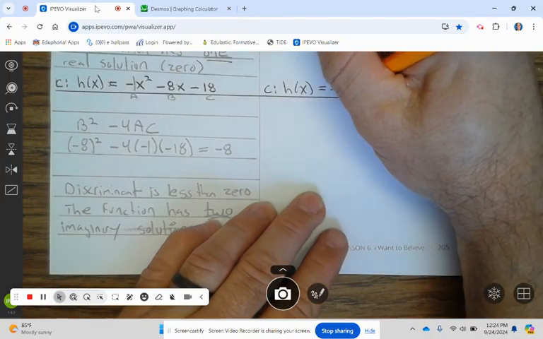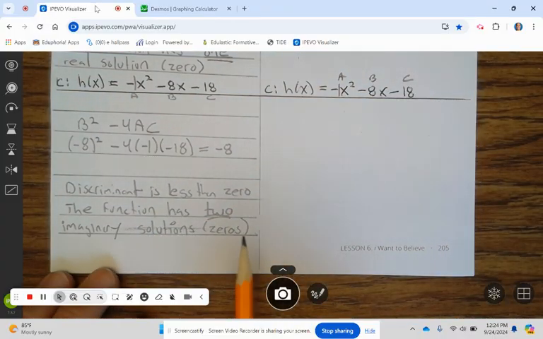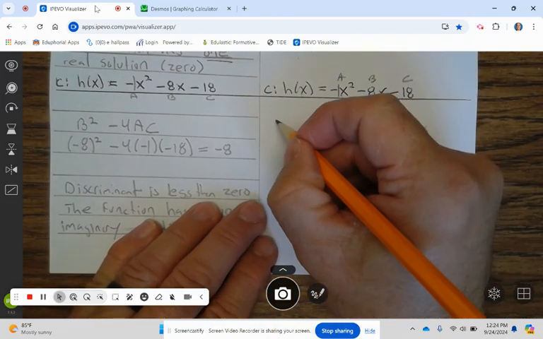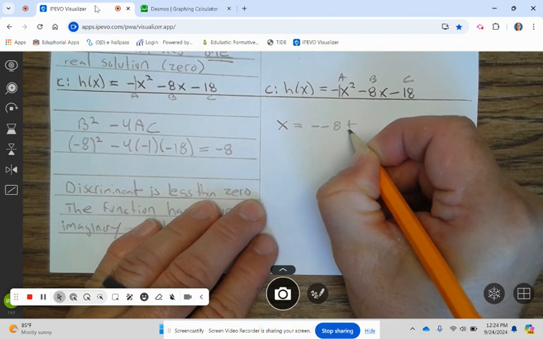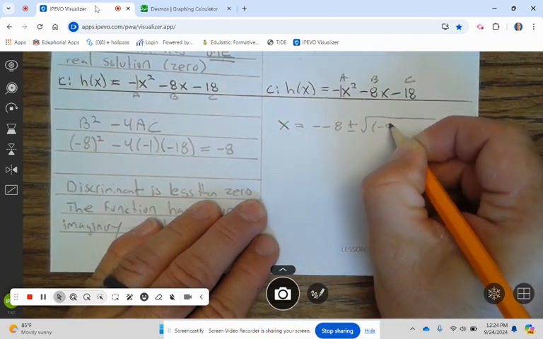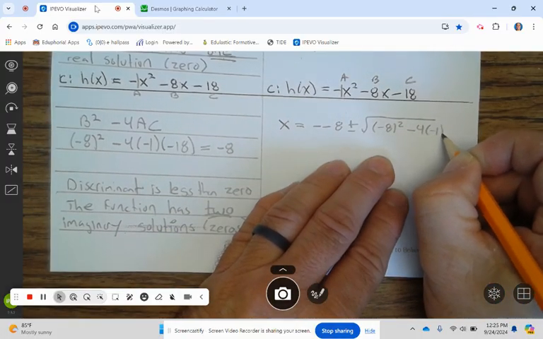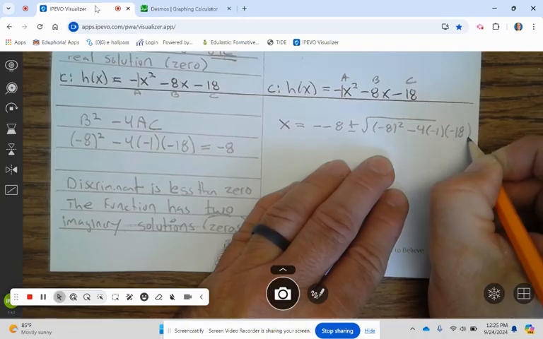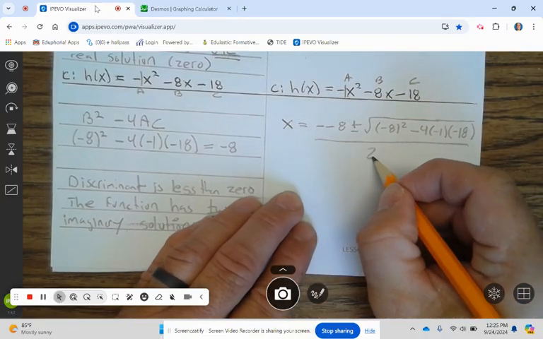All right? Now, because we did discriminant, we know that there's imaginary solutions. We can't use decimals. Okay? So we're still going to use the quadratic formula. So x equals negative, negative 8 plus or minus the square root of negative 8 squared minus 4 times negative 1 times negative 18 divided by 2 times negative 1.